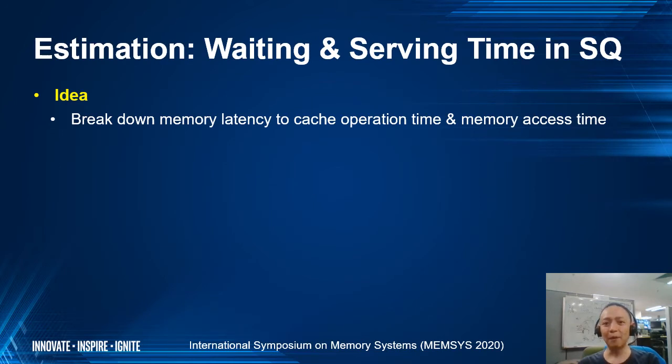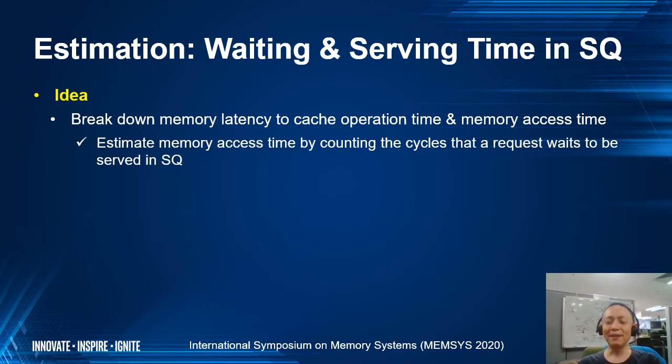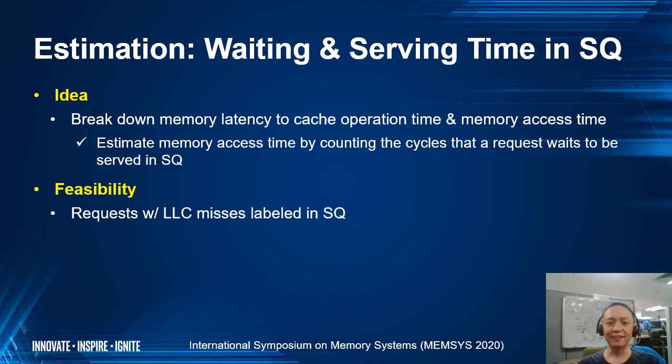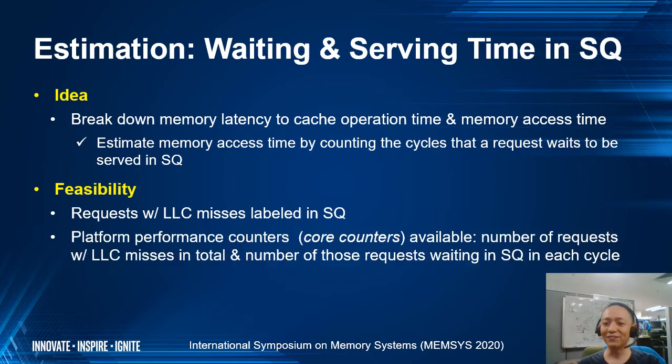The idea in the proposed estimation method is to break down the memory latency into cache operation time and memory access time. To estimate the memory access time, we count the cycles that a request waits to be served in the superqueue. Such an idea is supported by the mechanism that any requests with LLC misses are labeled in the superqueue. Platform performance counters at the core level are also available to support such a calculation.